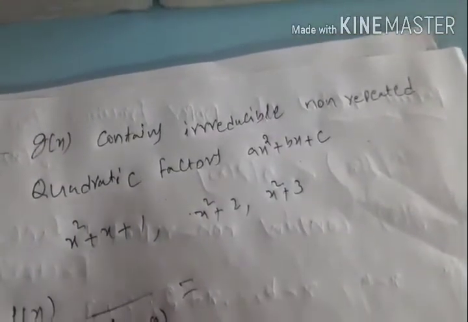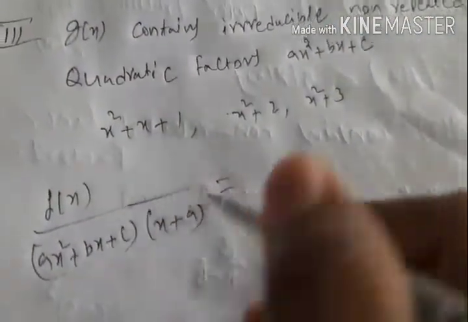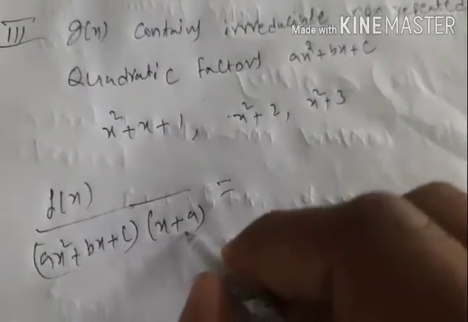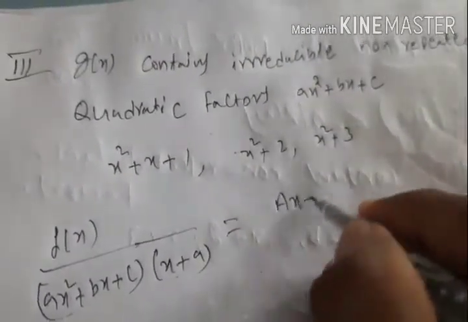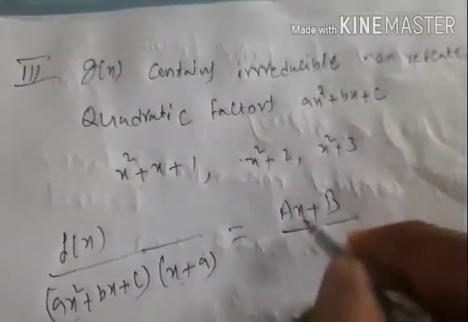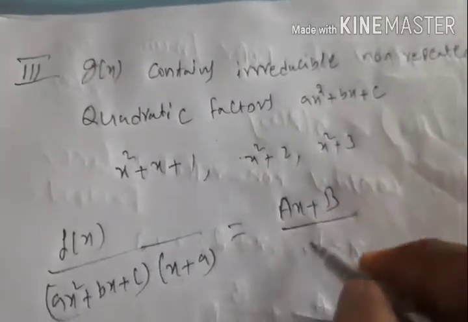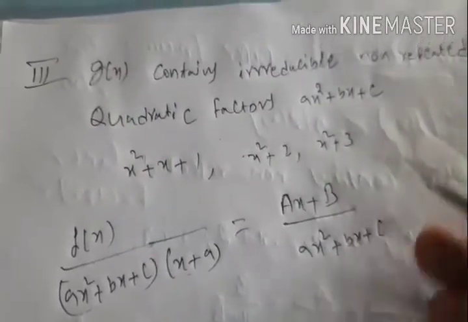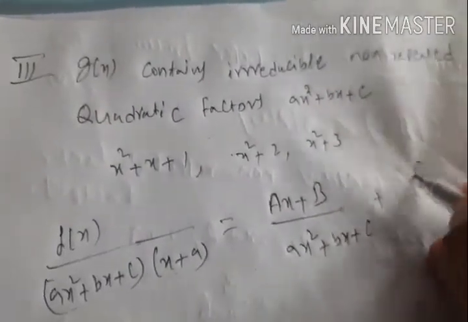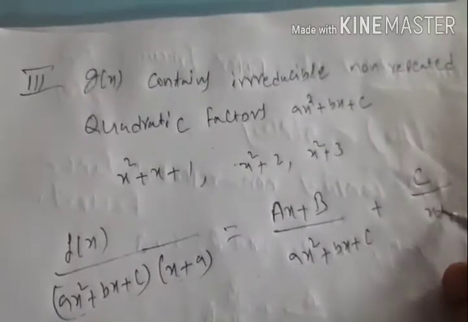Here ax square plus bx plus c is an irreducible quadratic factor and x plus a is an irreducible linear non-repeated factor. Here take the constant: ax plus b by ax square plus bx plus c, and another constant c by x plus a.